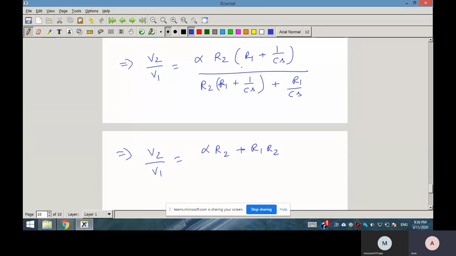I have multiplied by R1 R2 into CS. And the denominator will be R1 plus R2 plus R1 R2 CS.